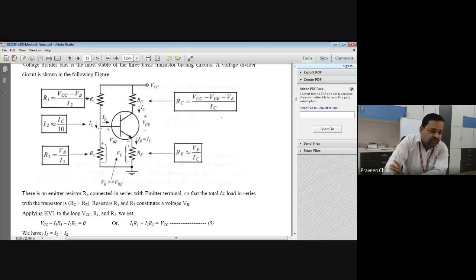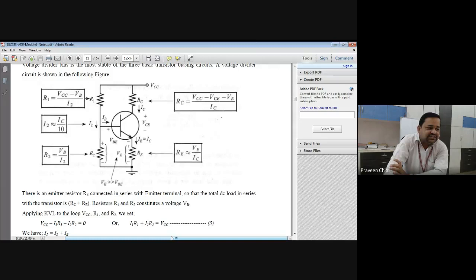Similarly, R2 can be obtained from this voltage, that is VB minus 0 by R2. I2 can also be written as VB minus 0 by R2. You might have done, if you remember, this similar concept in op-amps by using the virtual ground concept. How do you write current through a resistor?